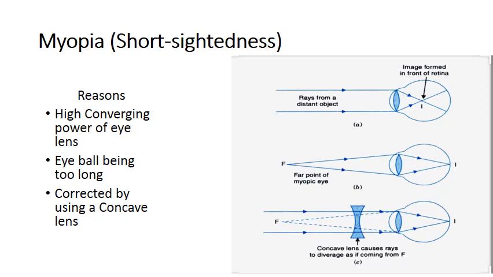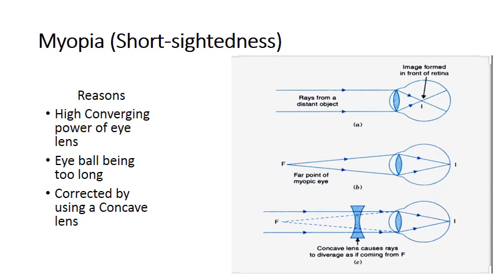I told you earlier that ciliary muscles are the most important part of the human eye. It is these muscles which adjust the focal length of the eye lens according to the position of the object. That's called the power of accommodation.